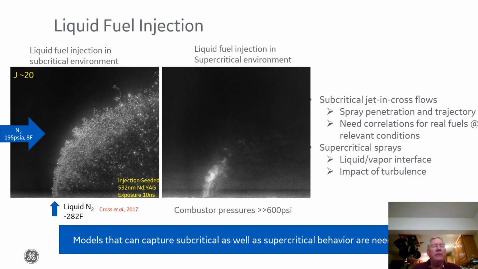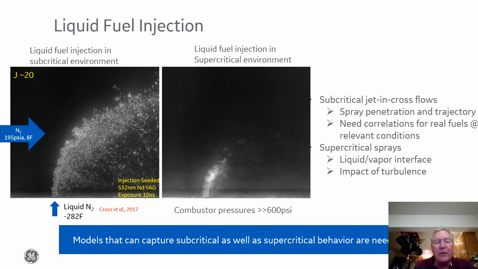So even fundamental studies of liquid jets in crossflow or fuel injection jets in crossflow are valuable. In our high pressure ratio gas turbine engines, we're actually injecting the fuel at supercritical conditions under certain flight regimes.